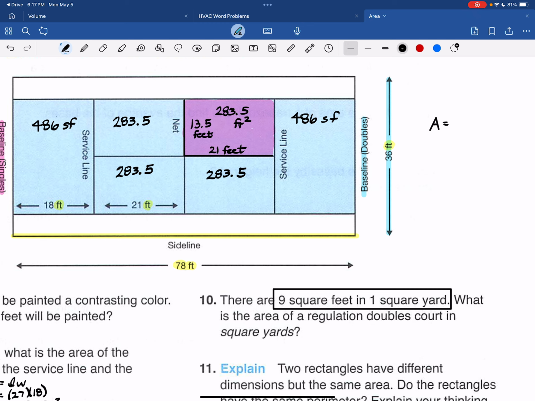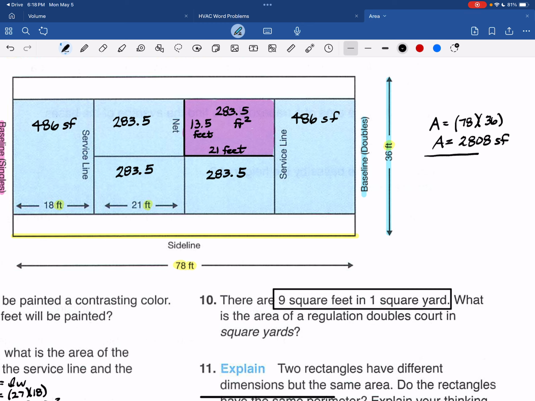And the doubles court includes the blue area and the two sidelines. So we have the length of the court is still 78, but this time we're using the 36 feet right there because we're going all the way across. Doubles courts are wider. So area is 78 times 36, and that is 2808 square feet.